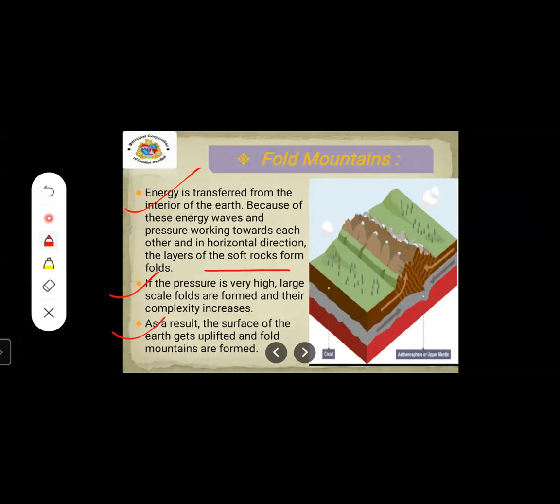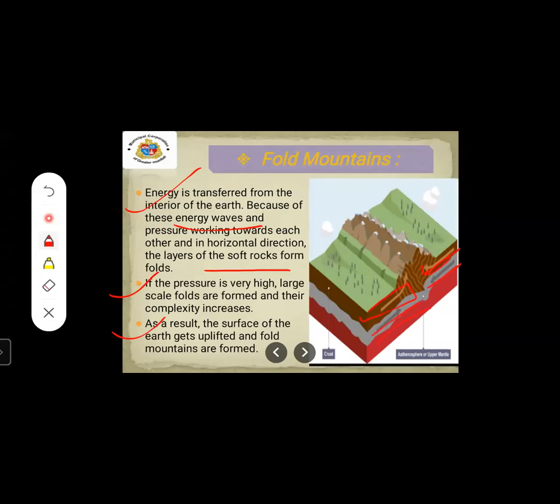Now, when this energy is transferred from the interior of the earth, meaning from the mantle, because of this energy, students, and the pressure which is working towards each other, and the waves which travel from one place to another, at that time you can see these waves moving in the same direction.